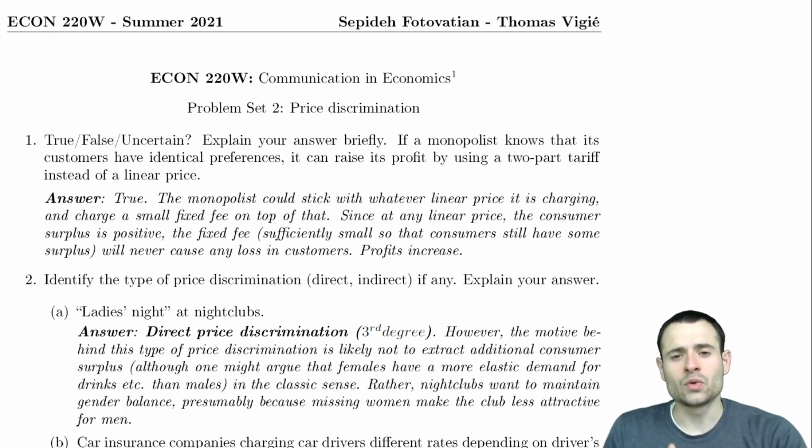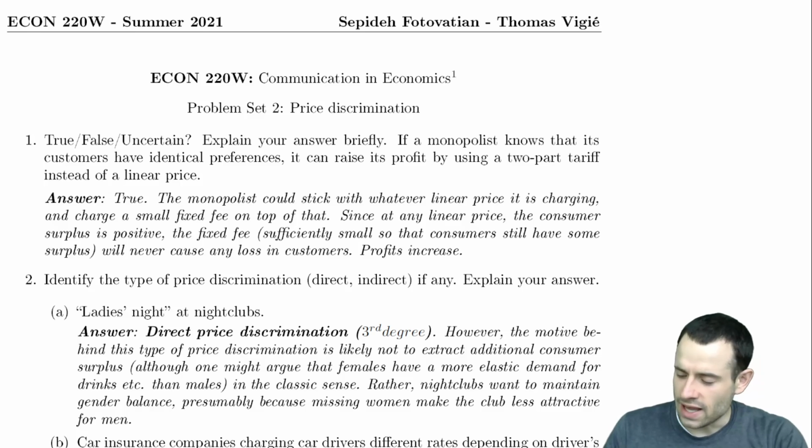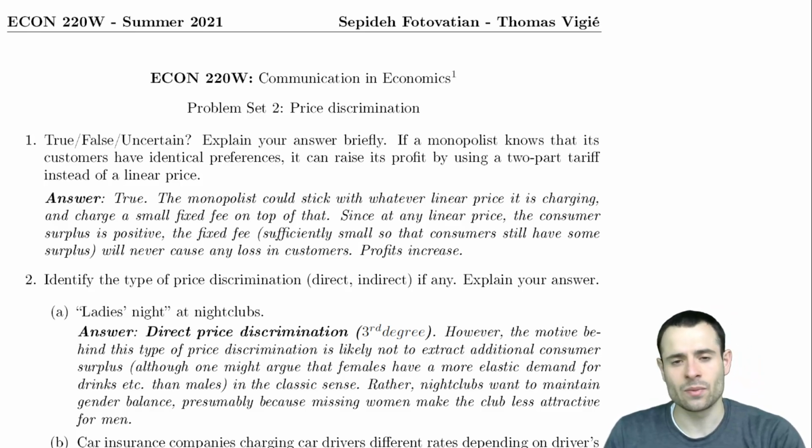The firm is going to design the bundles such that each type of customer will choose a specific bundle, and by choosing that bundle, the customer at the cashier will reveal what type he is. That's why it's indirect.